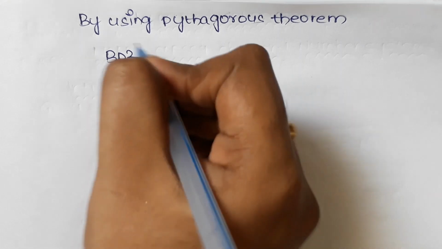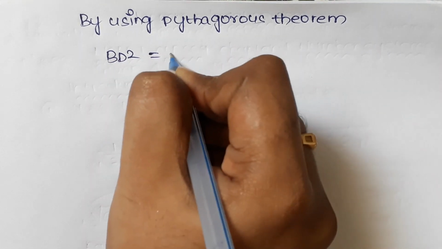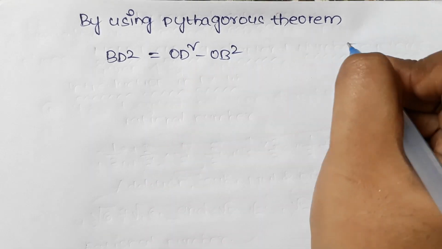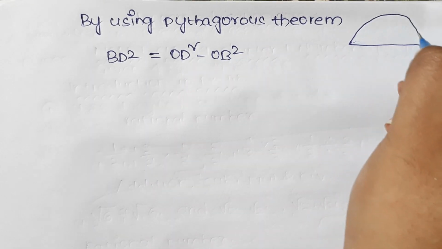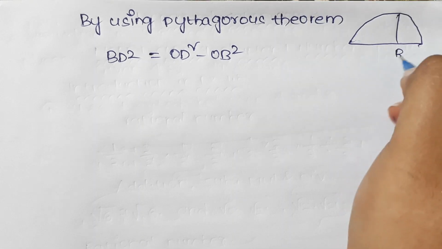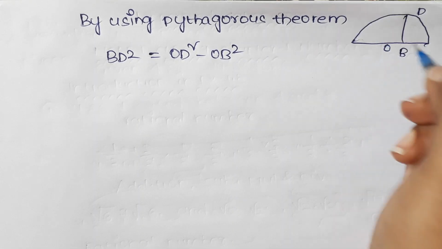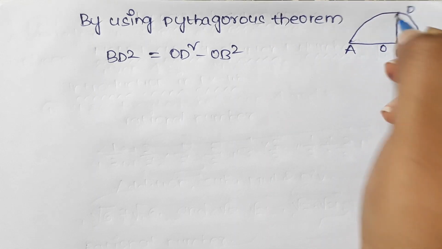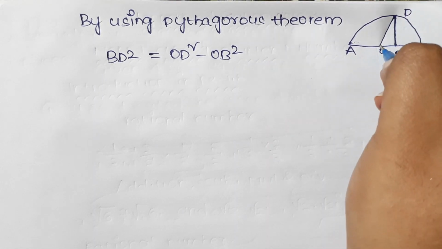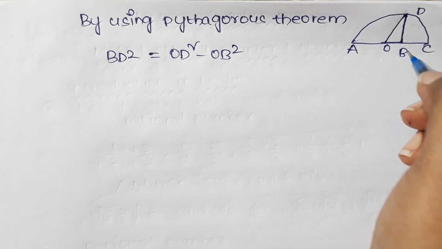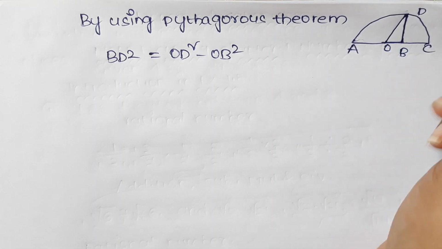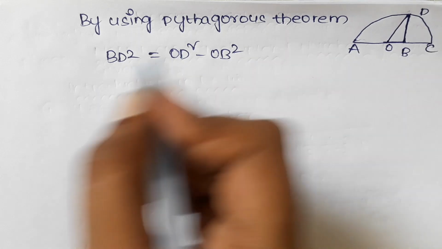That BD square we have to find, that equals OD square minus OB square. From this semicircle, this is BD, O is here and AC. We have to find this BD. By Pythagoras theorem, BD square equals OD square minus OB square.